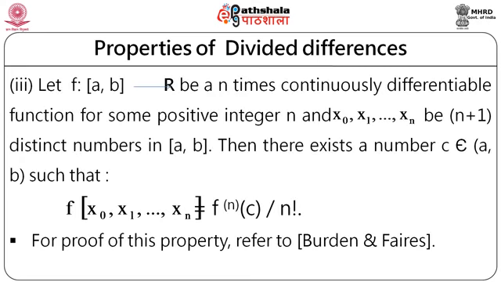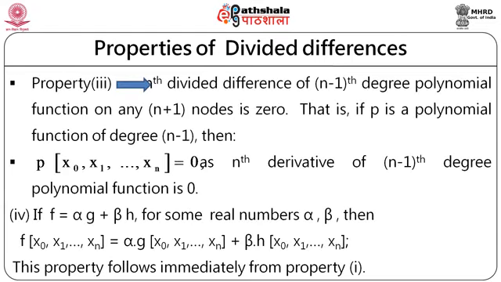The properties of divided difference, we are again continuing with this. So, this is our next property, property 3, we are talking about now. We have seen property 3, and now property 3 already implies that the nth divided difference of an n minus 1 degree polynomial function on any n plus 1 nodes is 0.